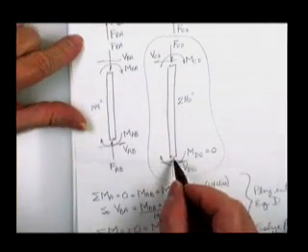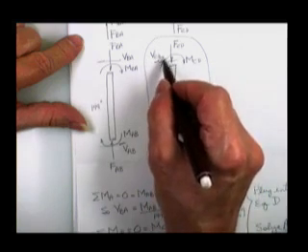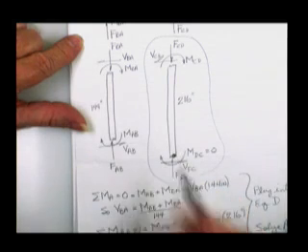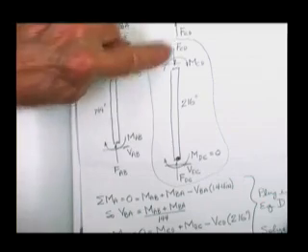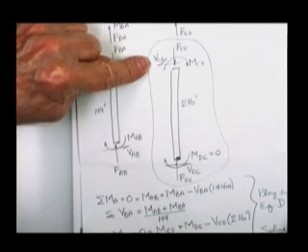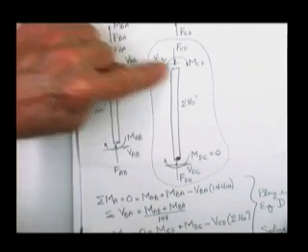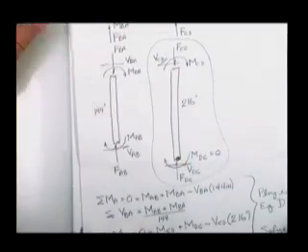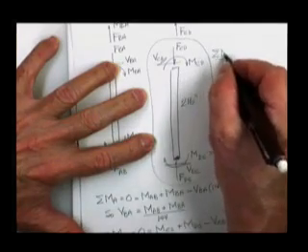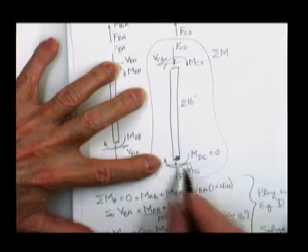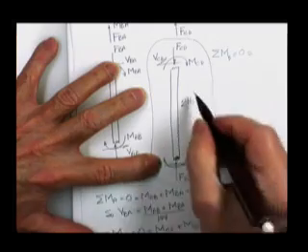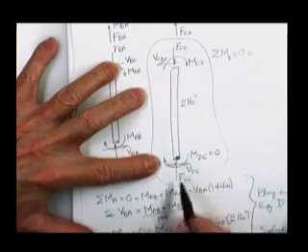And if you would like to solve for this guy right here in terms of the applied moments, you can sum moments about that point. The axial force will drop out, the shear won't drop out, but that's what you're trying to relate to this moment and this moment. So let me just do this one. Sum moments about D is equal to 0 is equal to... He drops out.